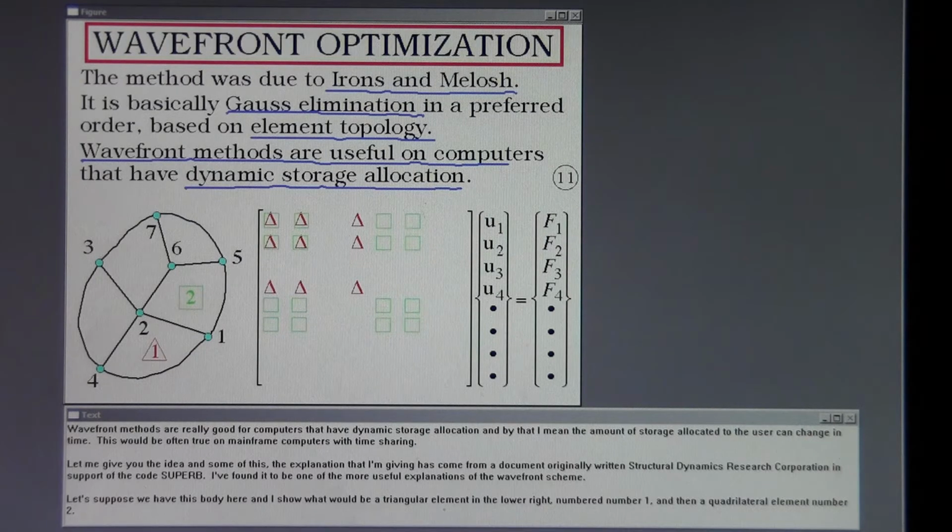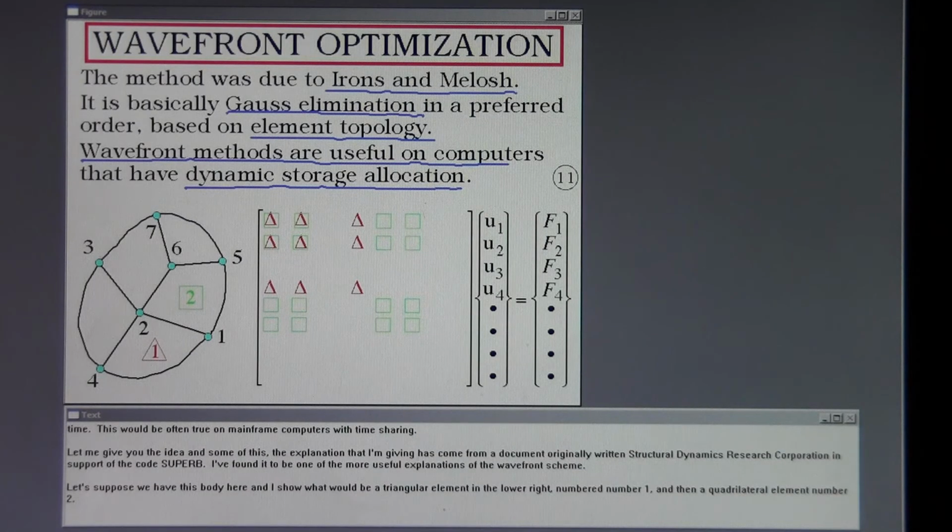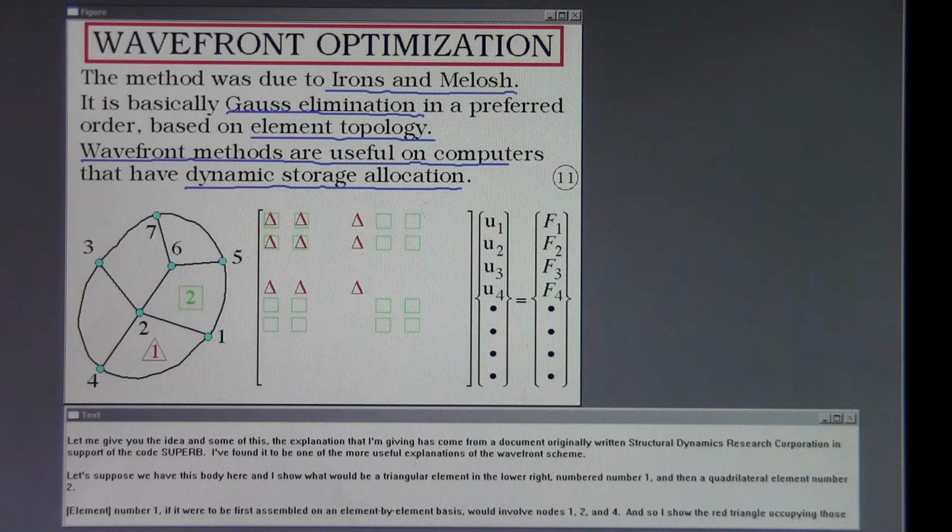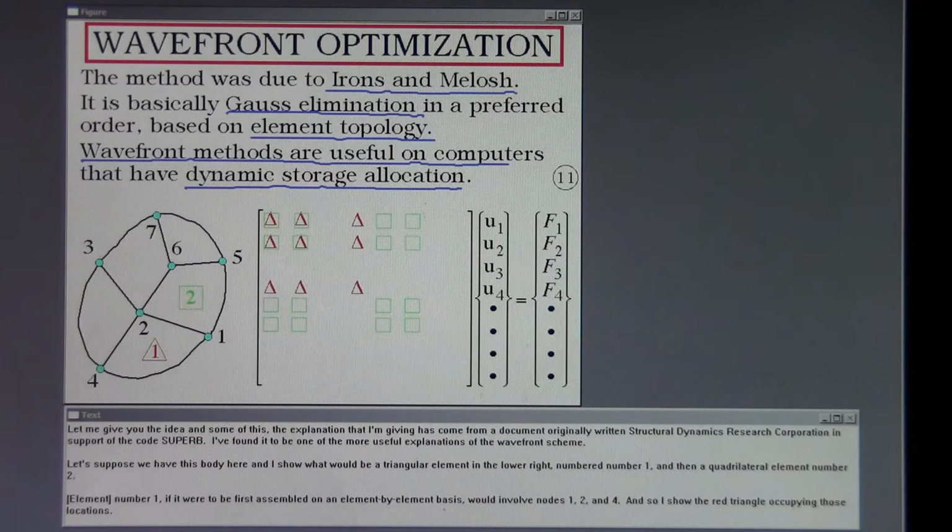Let me give you the idea, and some of this explanation that I'm giving has come from a document originally written by Structural Dynamics Research Corporation in support of the code Superb. I found it to be one of the more useful explanations of the wavefront scheme.